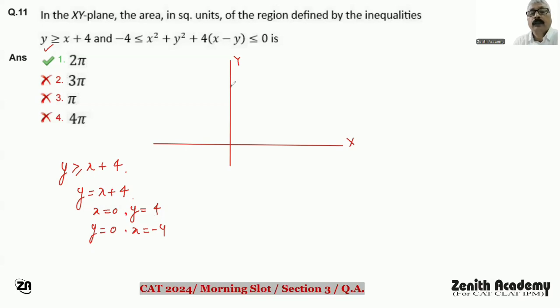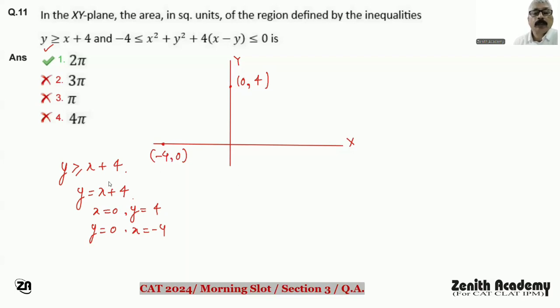So x is 0 and y is 4. Suppose this point is x is -4 and y is 0.